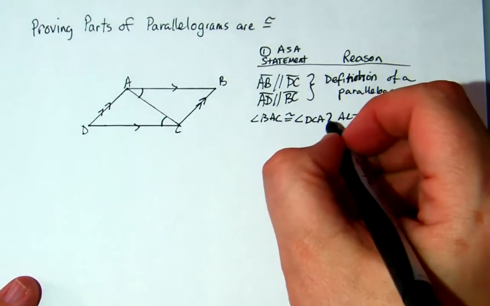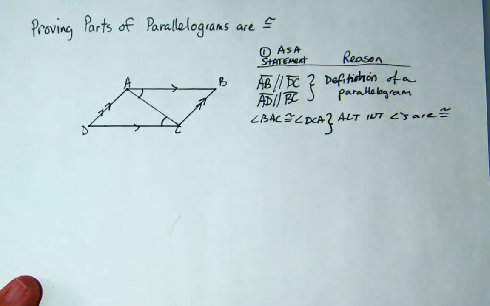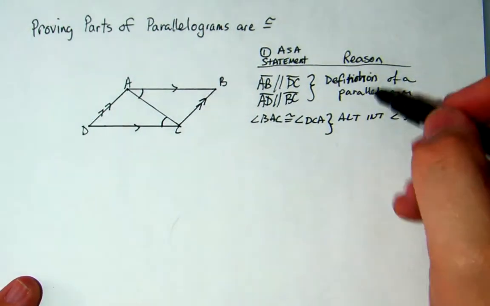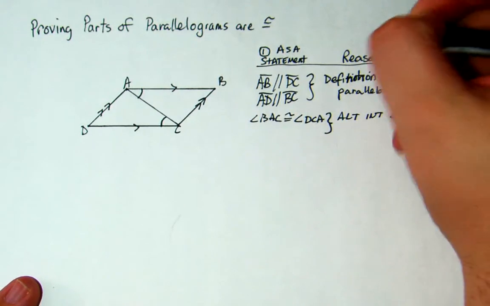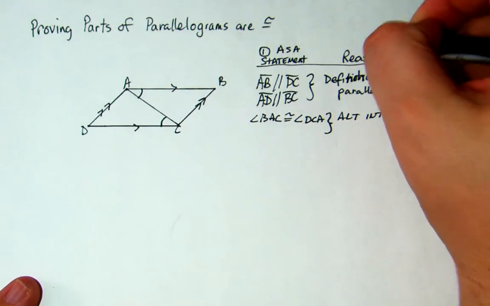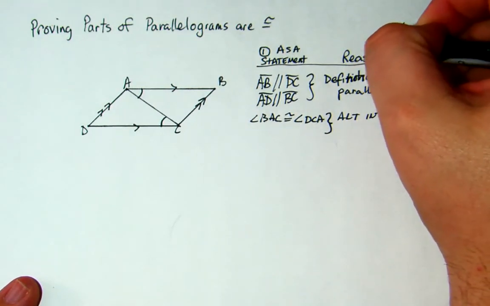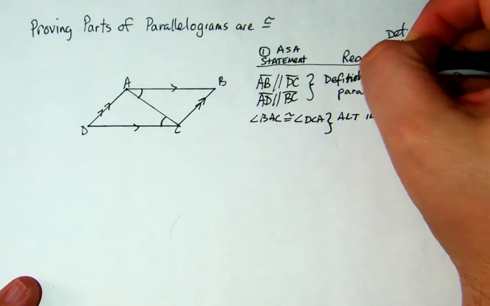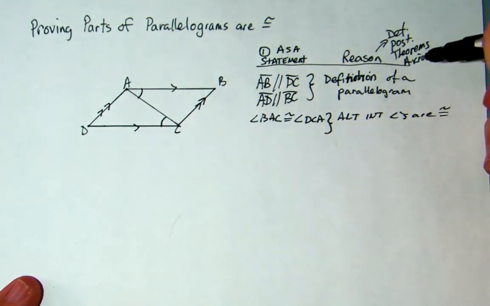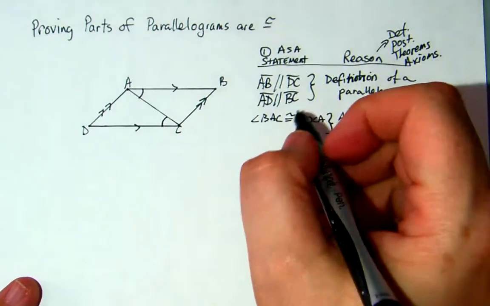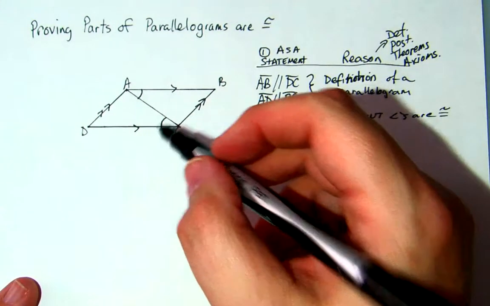Anytime you say something, you want to give a reason why, and the reasons are always definitions, postulates, theorems, axioms, anything you've proven. And that's the only thing we could do. You can't say, well, because it looks like it.